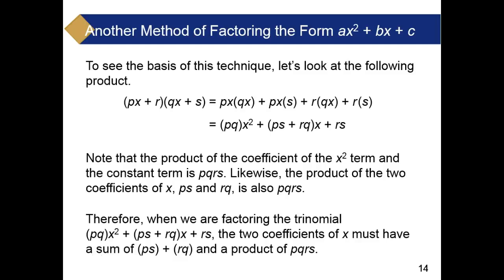Likewise, the product of the two coefficients of x, PS and RQ, is also, if you multiply these together, which you don't do, is also PQRS. Okay? Therefore, when we're factoring the trinomial, the two coefficients of x must have a sum and a product that produce the same thing.